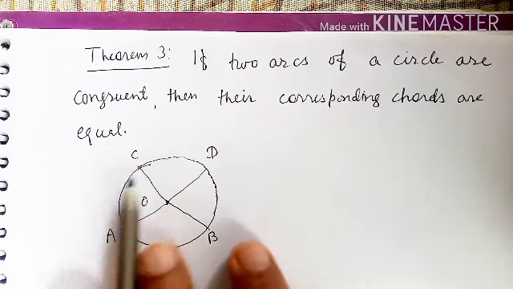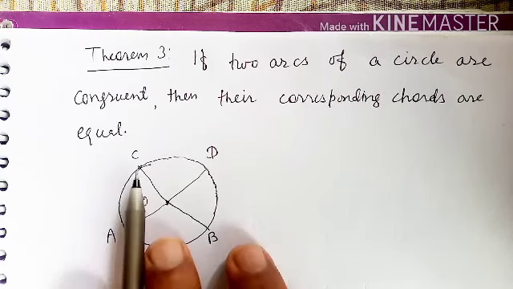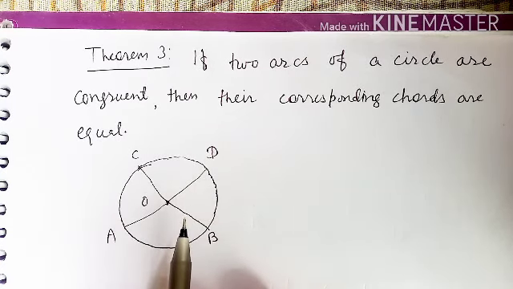In the circle, there are two arcs, arc AB and arc CD. Here two cases arise.